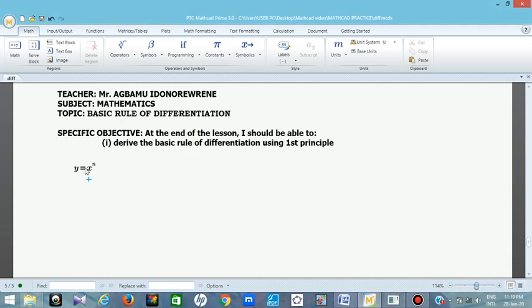So to start, you know how we do our differentiation from first principle. In the next step, we introduce delta y in the value of y and delta x in the value of x.